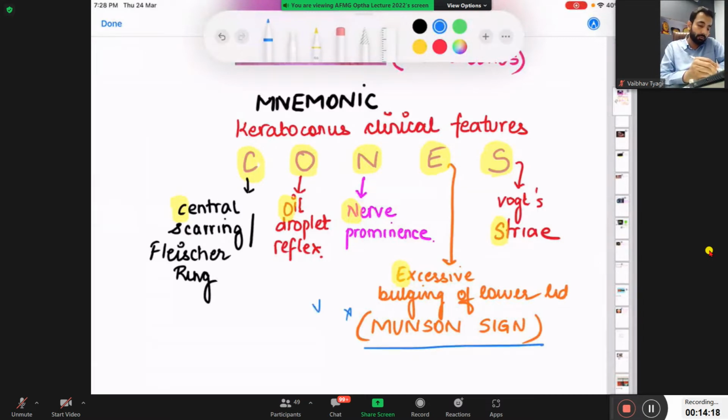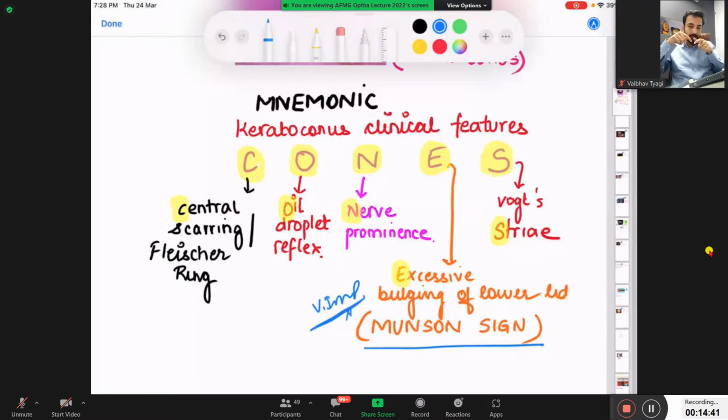Important, very, very important question. Now, suppose this is my cornea, right? This is my normal shape, and this is my conical cornea, right? Now, with this conical cornea, if I look in the downward gaze position, there will be excessive bulging of my lower lid.